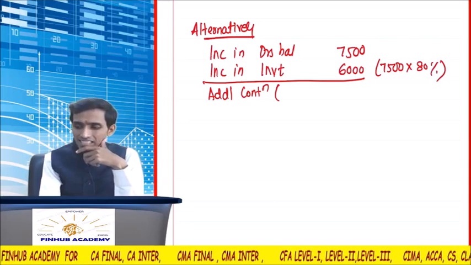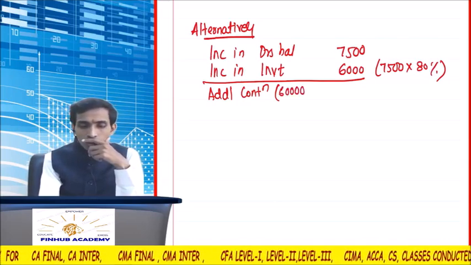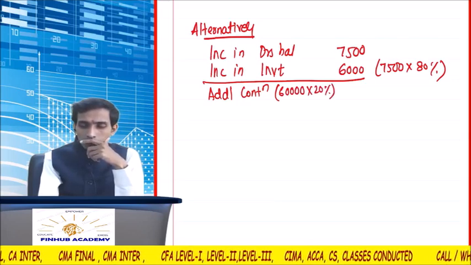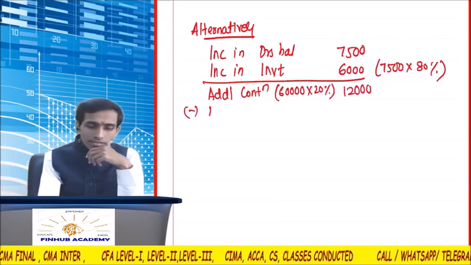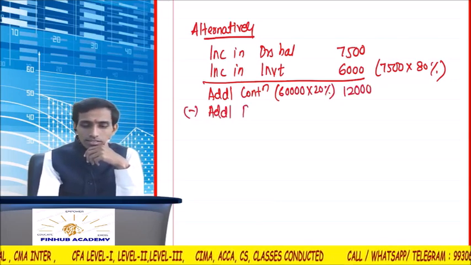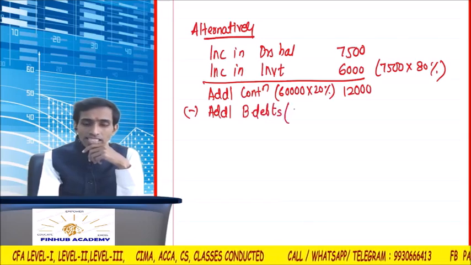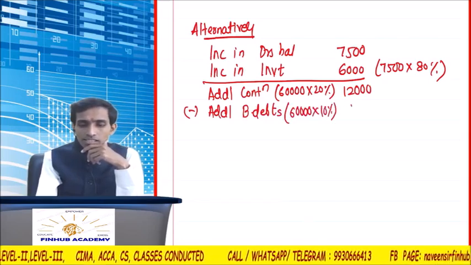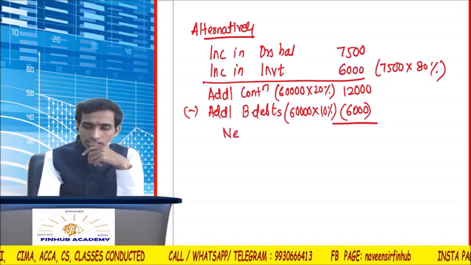How much is my sales? 60,000 into 20%. How much? 12,000. From this, what do we minus? Additional bad debts. 60,000 multiplied by 10% will be how much? 6,000.